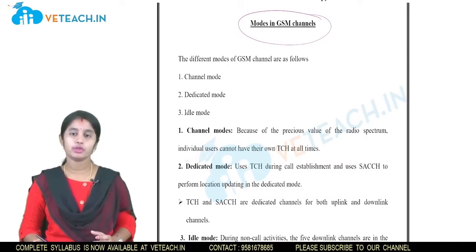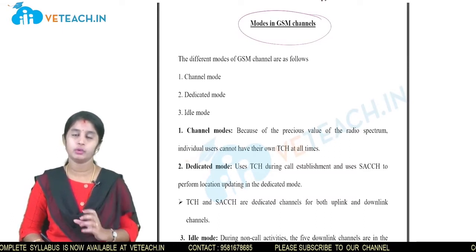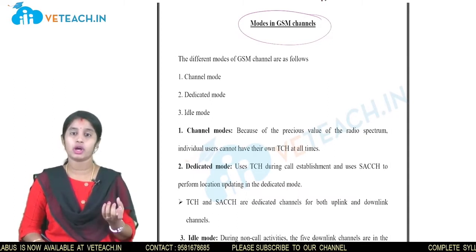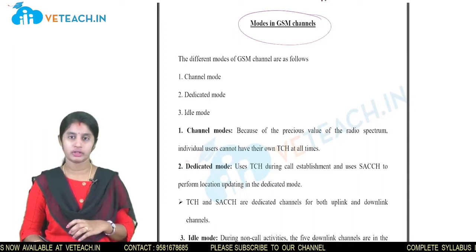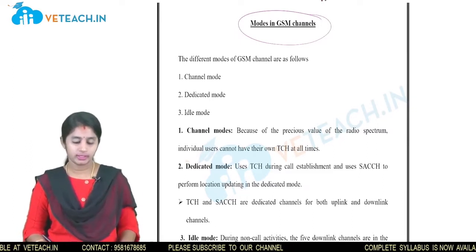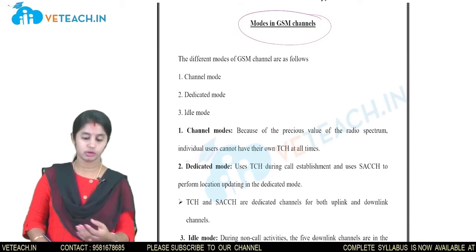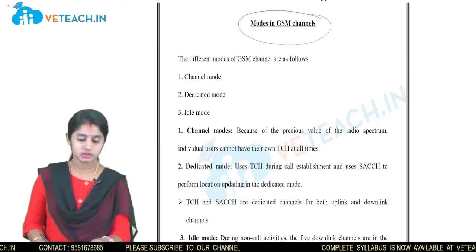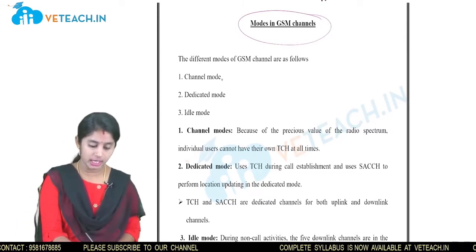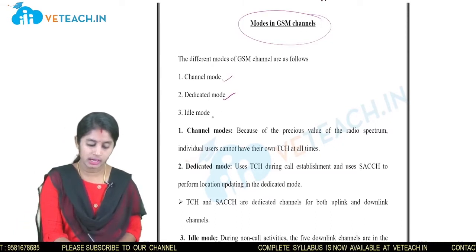What are the modes of GSM channel? How many modes are there? Each mode is useful for us, and we will see in which mode how the information needs to be transferred. Each and every protocol will be explained in this session. Now entering into the topic of modes in GSM channel. In the GSM channel there are different modes, namely channel mode, dedicated mode, and idle mode.